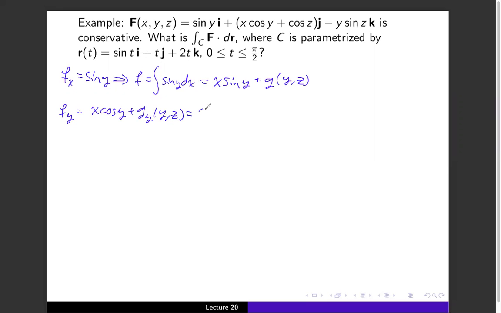And we know what that is: that's x cosine y plus cosine z. So that tells us that g_y of y, z is cosine z, which tells us that g of y, z is y cosine z.